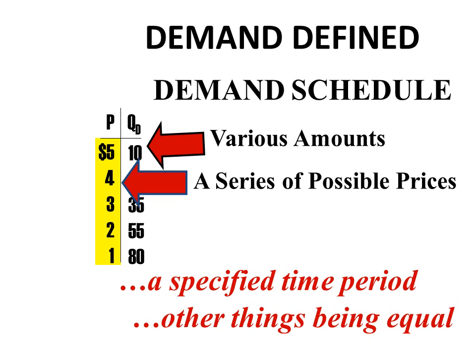So more specifically, demand is the various amounts of a good or service, if we're analyzing that specific market, a good or service. So for instance, the market for corn or the market for rice, the various amounts of a good or service that buyers are willing and able to purchase at a series of prices over a specified amount of time. We're going to employ our ceteris paribus, other things being equal, assumption when we examine the demand schedule.